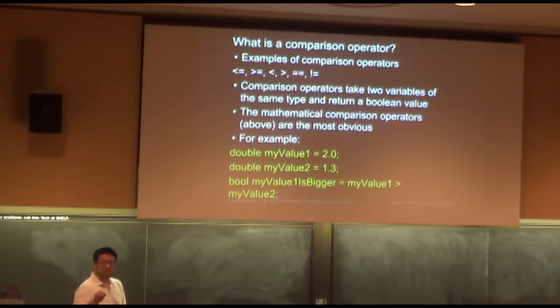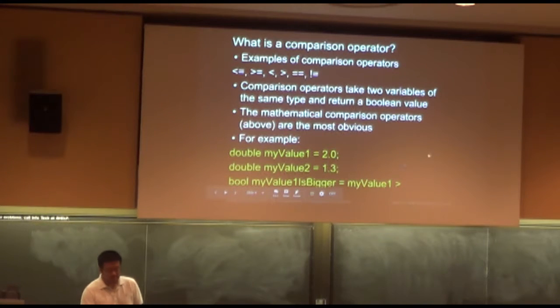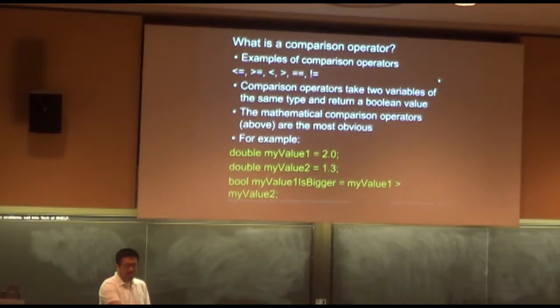Comparison operators are different from the arithmetic operators because they generate Boolean values. So if the value stored in the variable A is less than or equal to the value stored in the variable B, then the result of the operation will be true. And if not, it will be false. In this example, I have my value 1 and my value 2, and I assign to my value 1 is bigger, the Boolean, the value generated by my value 1 greater than my value 2.